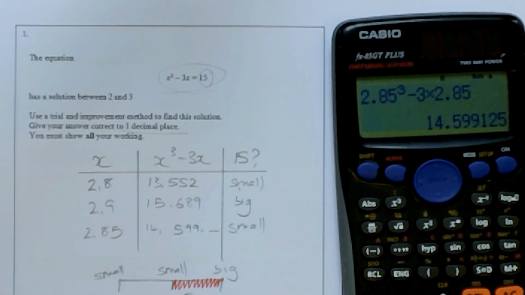We don't need to go any further because any number in this range is going to round up to this value when we round to 1 decimal place. Everything to the left will round down, everything to the right of 2.85 rounds up. So whatever the solution actually is in there, to 1 decimal place it will be 2.9.